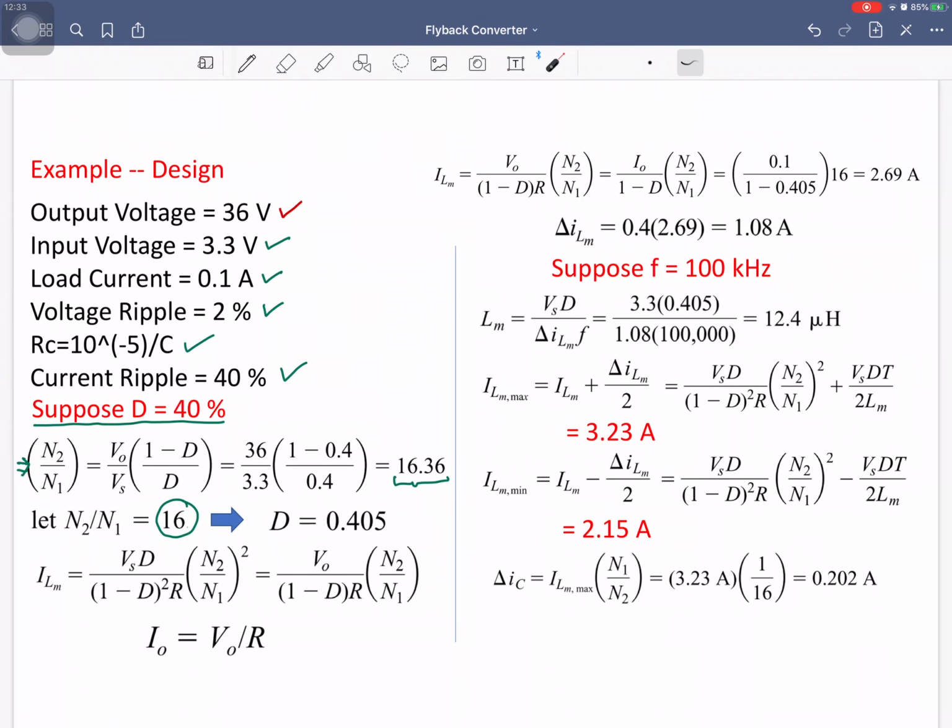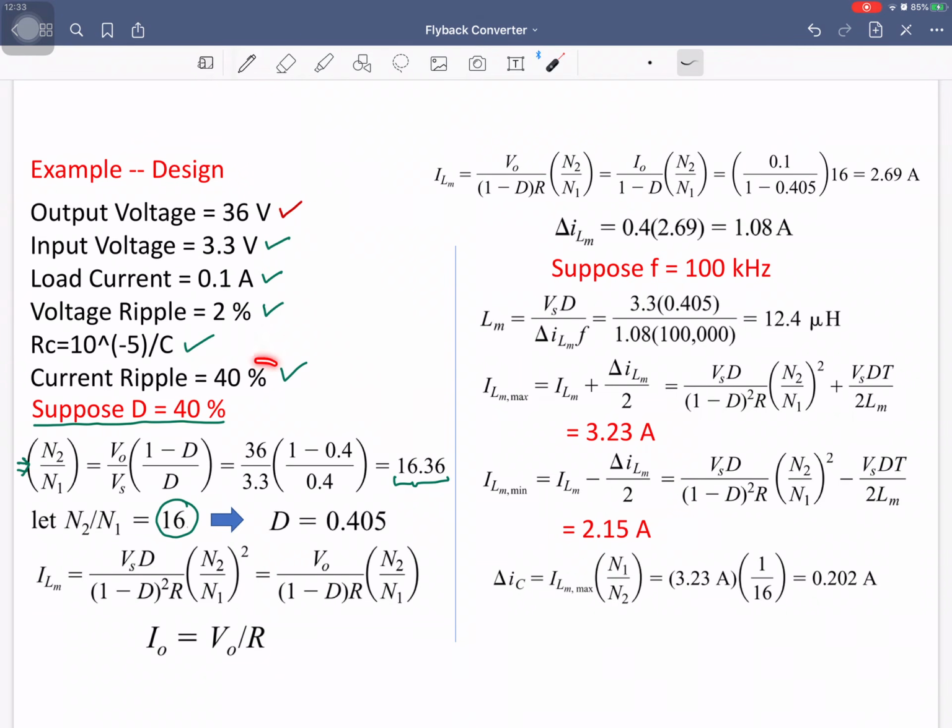That will be equal to V0 by 1 minus D into R into N2 by N1, and that can be written like that. That is equal to I0 by 1 minus D into N2 by N1. So plugging in the values, the magnetization current comes out to be 2.69.